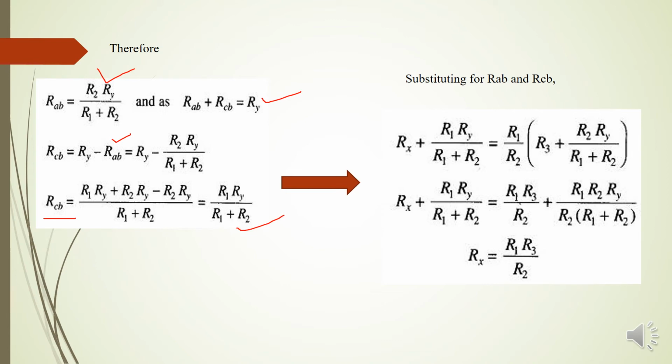Substituting RAB and RCB values in the previous equation, we get Rx plus R1 Ry divided by R1 plus R2 is equal to R1 divided by R2 into R3 plus R2 into Ry divided by R1 plus R2. By solving this, we get the final equation for unknown resistance: Rx is equal to R1 into R3 divided by R2. Using this formula only, we can calculate the unknown resistance.